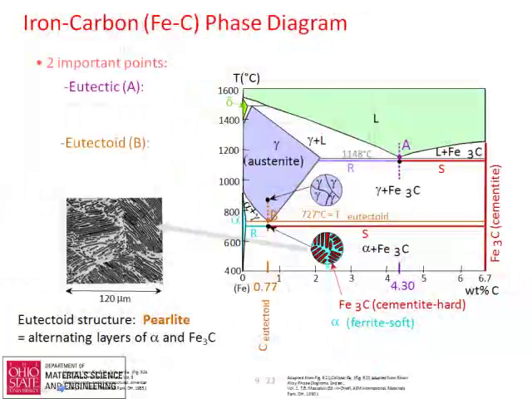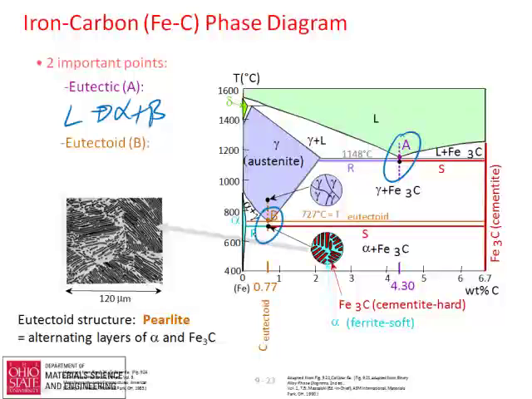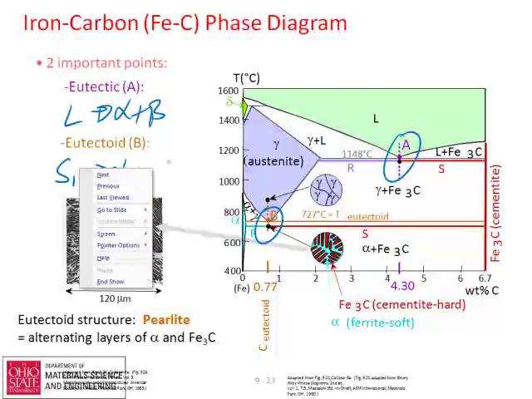The iron-carbon phase diagram is another really important one. There are two important points here. This is the eutectic here, where liquid goes to alpha plus beta. And here you've got a eutectoid. A eutectoid is where solid 1 goes to alpha plus beta.